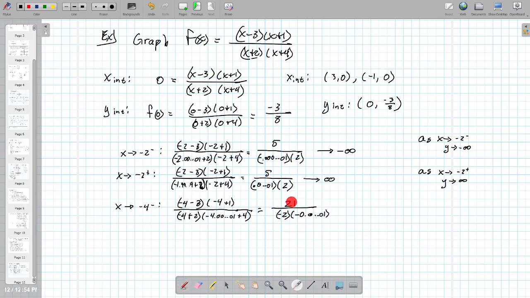So we would have 21 divided by an arbitrarily small positive number because we have a negative times negative. This will go to infinity. So as x goes to negative 4 from the left, y is going to positive infinity.